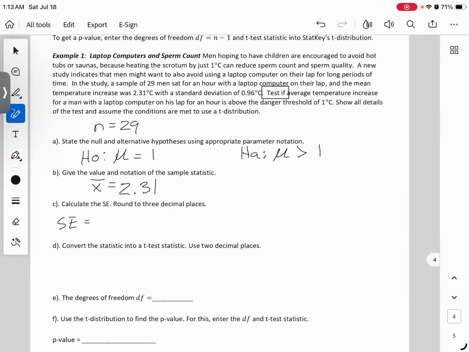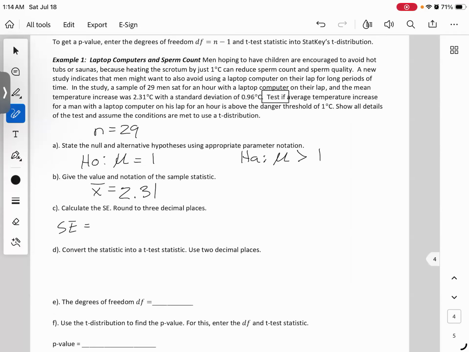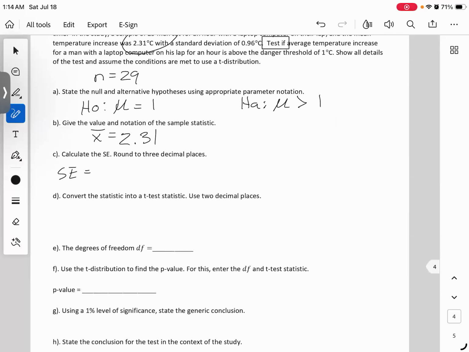And from them, what happened was an increase of 2.31. You can see it up there. There's the 29 men from that sample, 2.31, which is definitely above the danger threshold of 1 if they're worried about the impact it's going to have on the sperm quantity and quality.